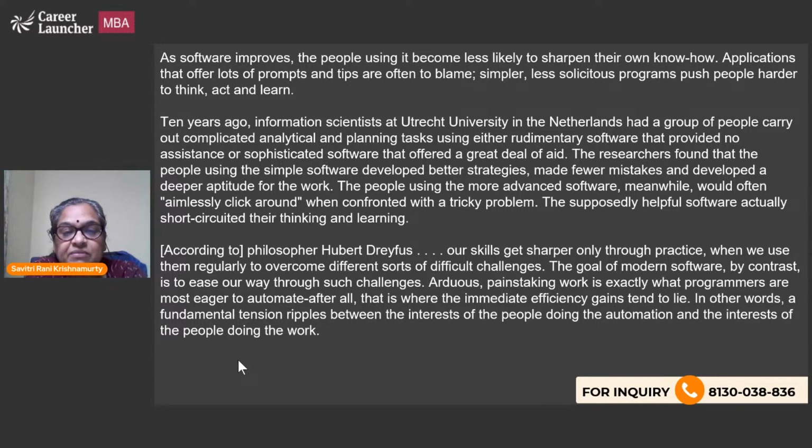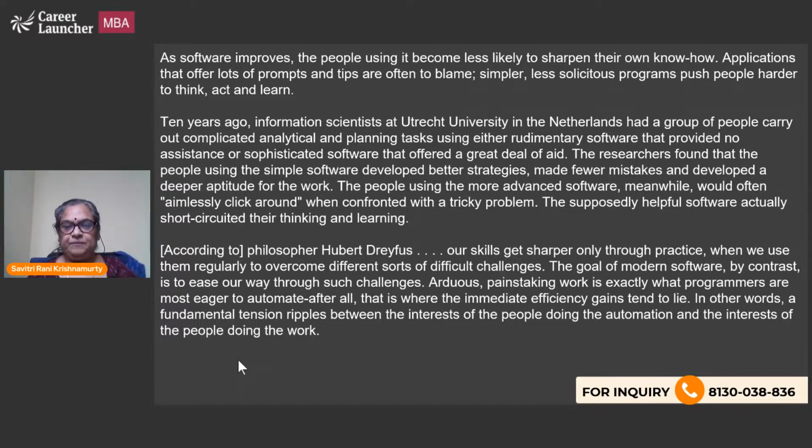Ten years ago, information scientists in Netherlands had a group of people carry out complicated analytical and planning tasks using either rudimentary software, very basic software that provided no assistance, or sophisticated software that offered a great deal of aid.